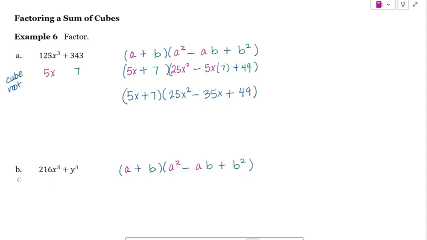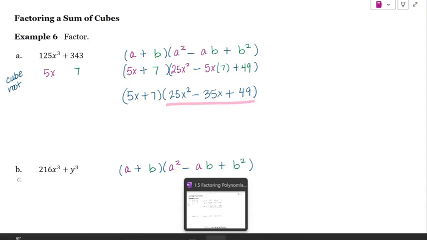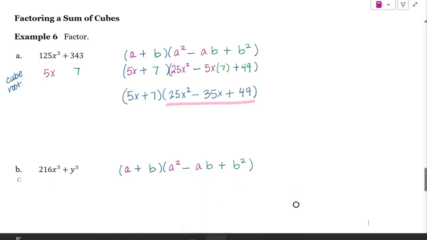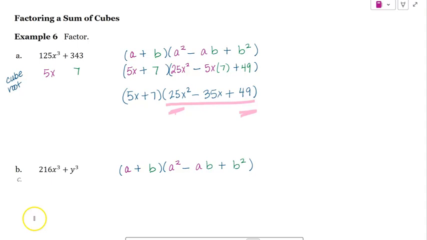What I want to do next is look at this polynomial and decide whether or not that can be factored further. One of the first thoughts I'm having is, is this a perfect square? 25x squared is a perfect square, right? And then 49 is also a perfect square.